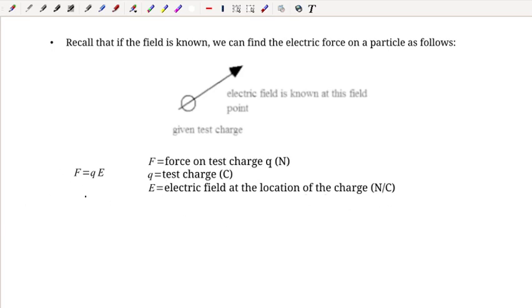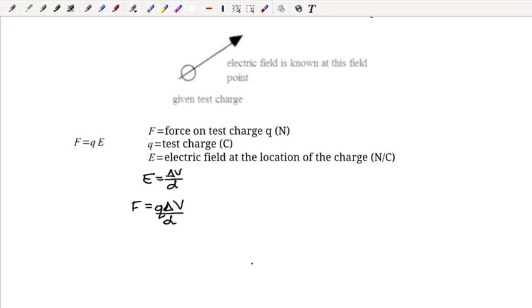So if I'm thinking specifically in the context of parallel plates, then I know in that case that E is delta V over D. So I can sub that into this equation to get F, which is Q times E, is going to be Q delta V over D. So that's just kind of handy to have around. You hopefully can figure that out for yourself if you need it in the future, but for now, we're going to use that in our next example.